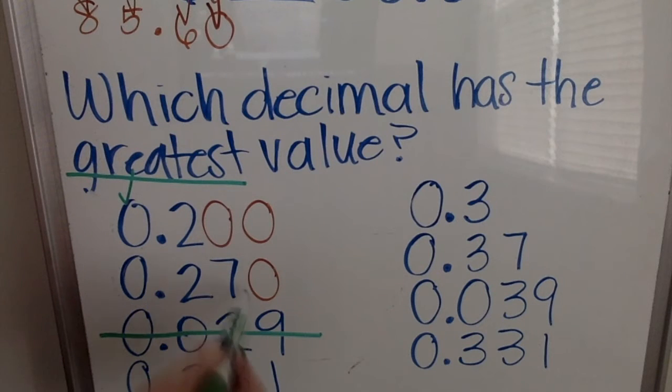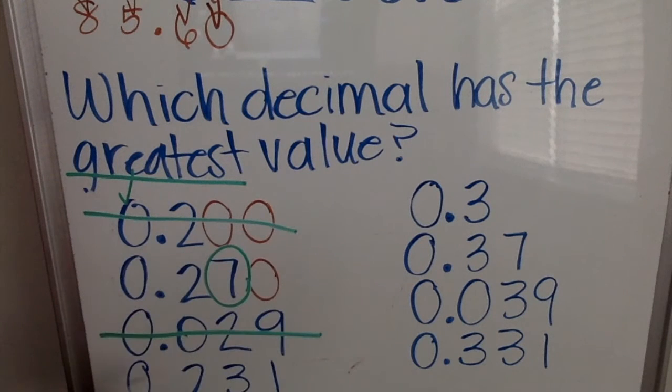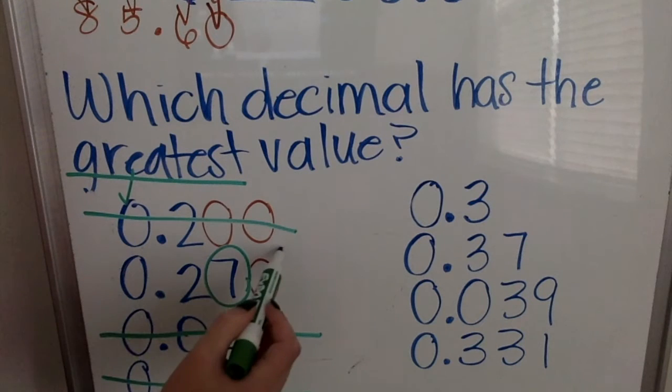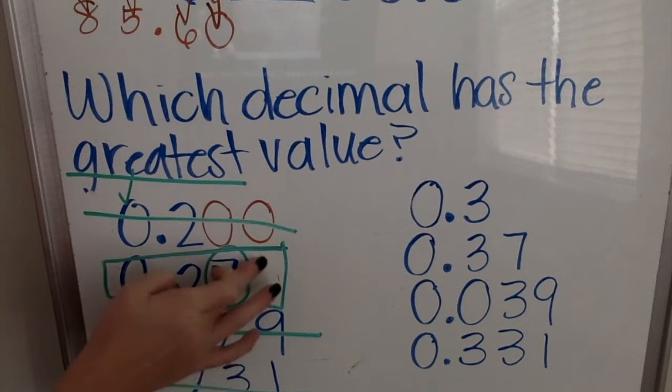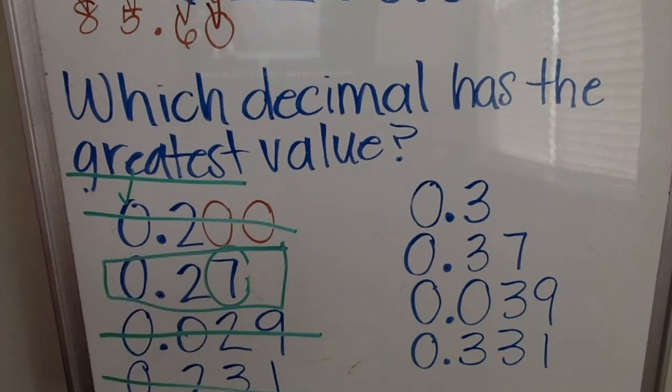Right, if you said the 7, that is correct. So I'm going to circle the 7 because that means that I can cross these two numbers out. And the number with the greatest value is this number here, and it is 0 and 270 thousandths. Or I can take that 0 out and just read it as 0 and 27 hundredths.